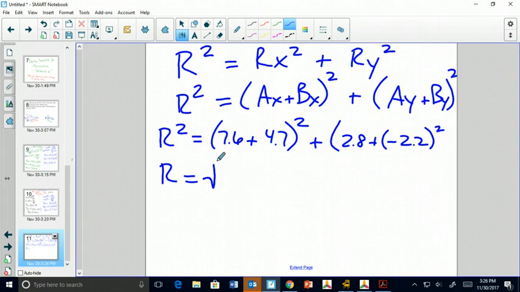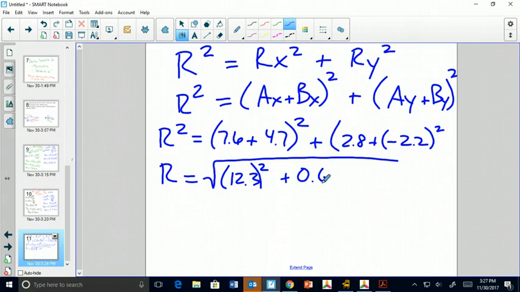That r is the square root of 12.3 squared plus 0.6 squared. I square them and add them. That r is equal to the square root of 151.65.